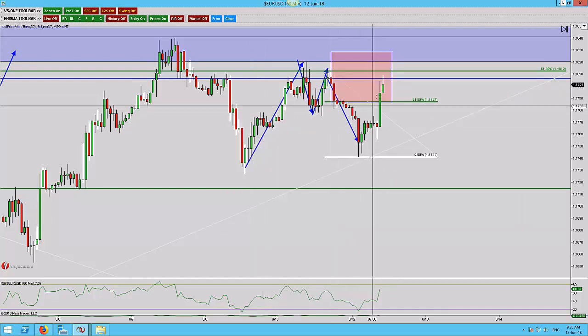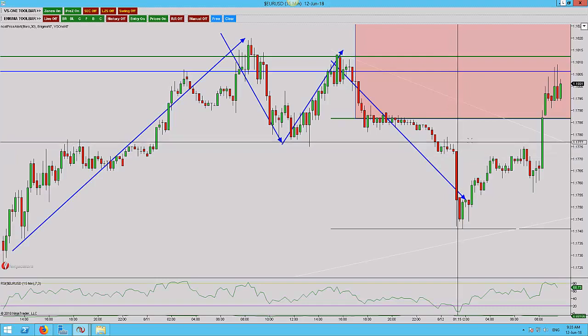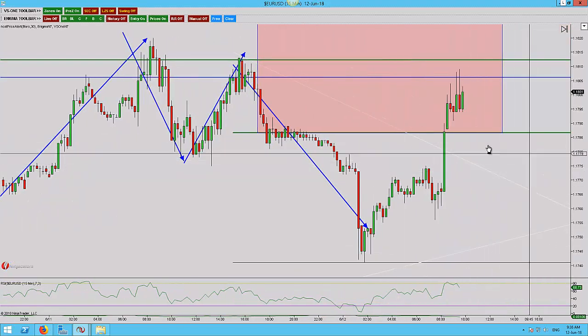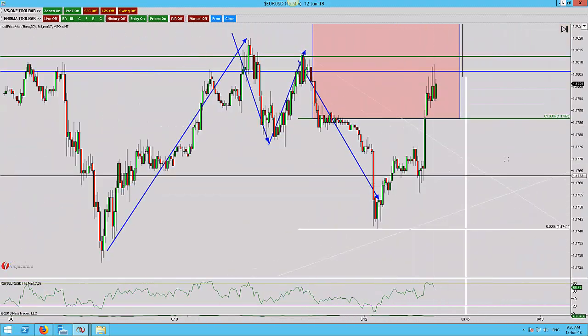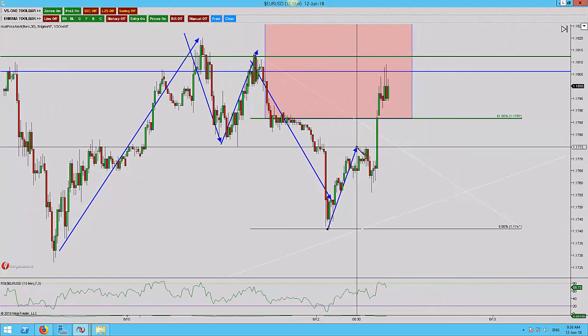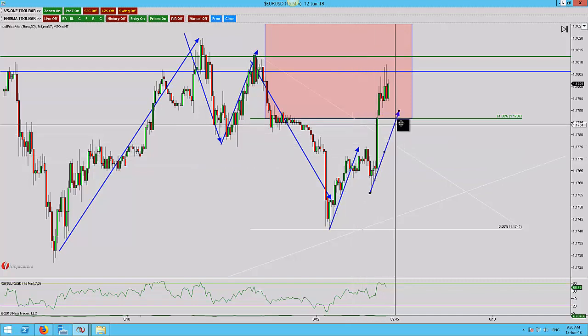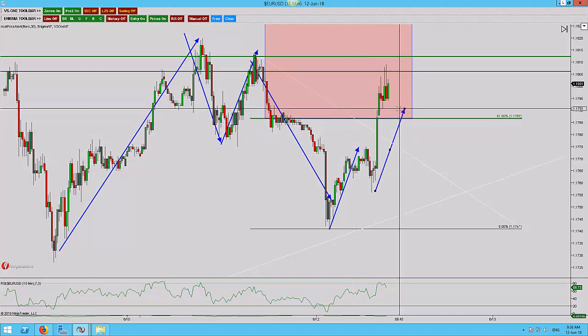I waited for price to retrace past the 618, because if we drop down to the 15-minute time frame, you can see that I was looking at a couple of things. I was looking at a potential harmonic move taking me up to this zone.